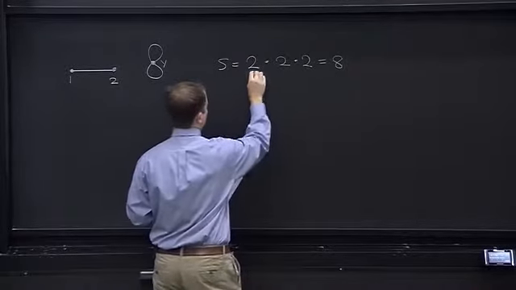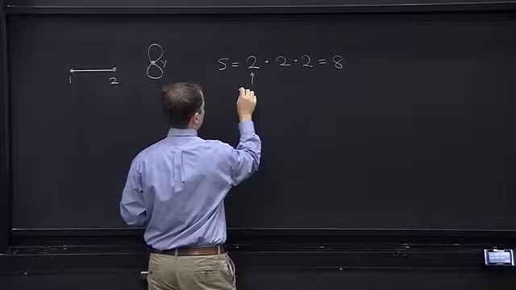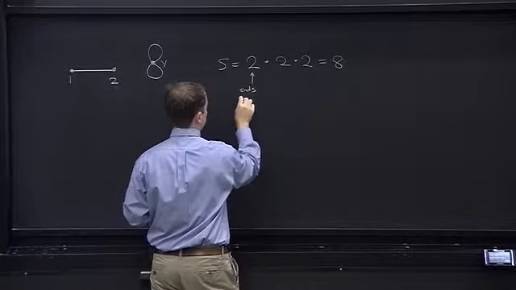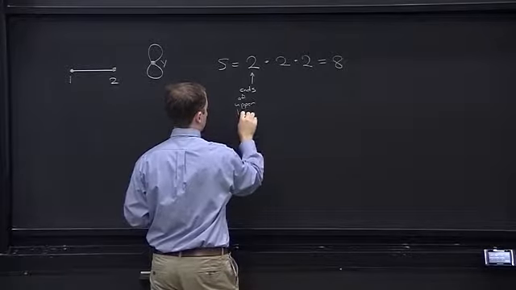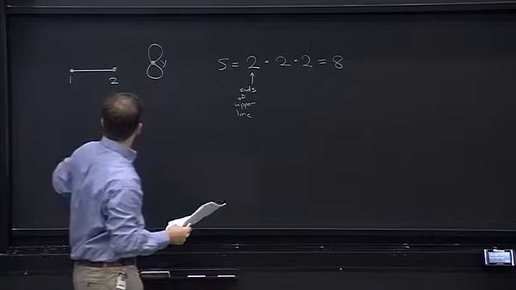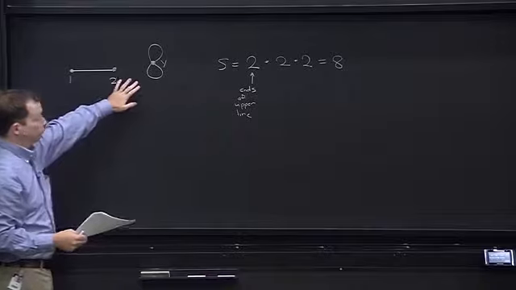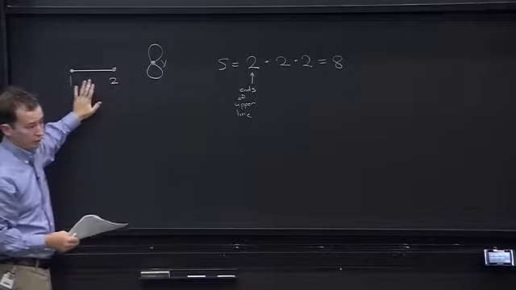So the first 2 comes from exchanging the ends of the upper line. There are no symmetries of this part of the diagram.